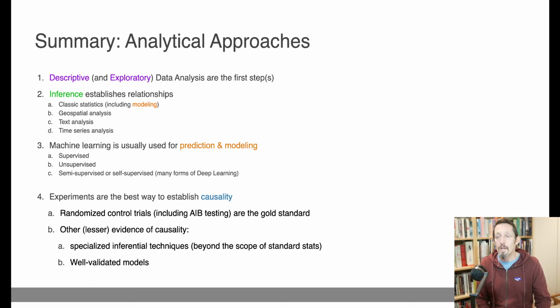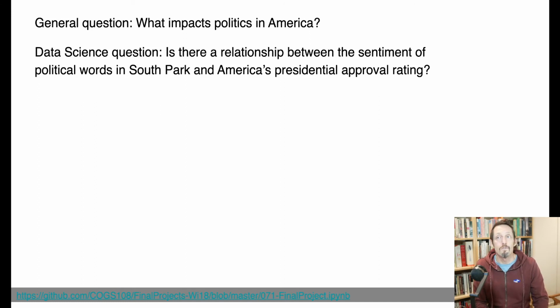All right? So let's look at a few examples so this stuff is much more clear for you. So if we have that general question, what impacts politics in America, we can refine it, right? We know that's too generic of a question. We want to get at something that's addressable with data science, right?